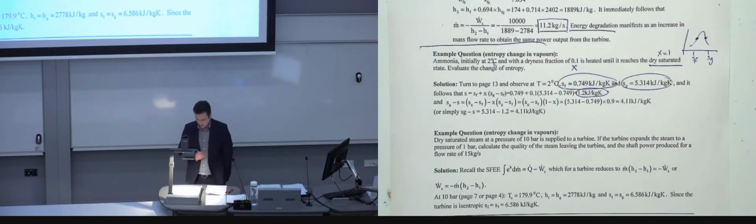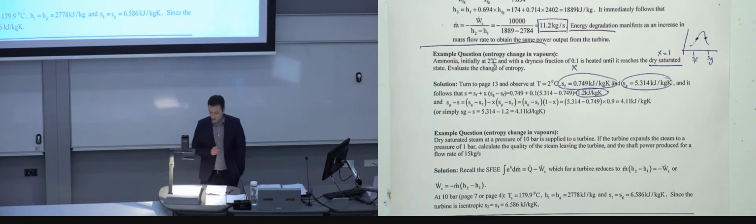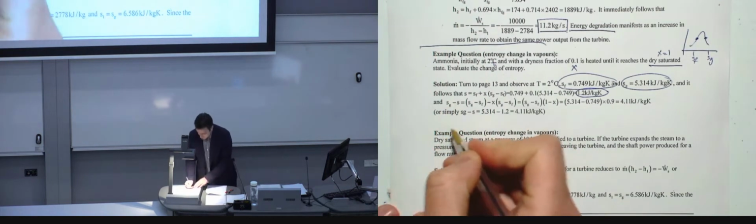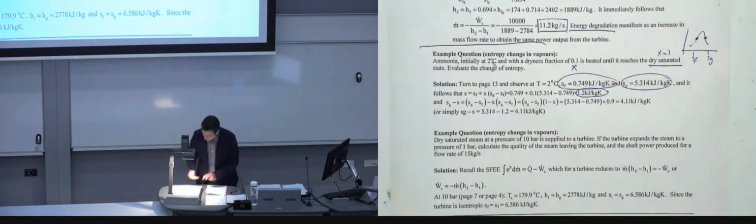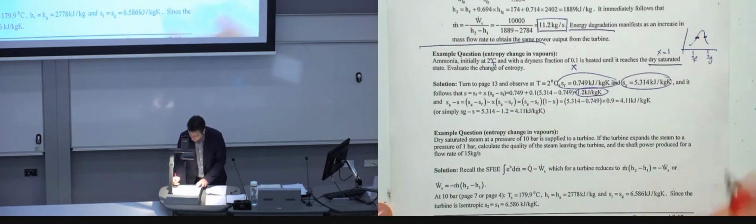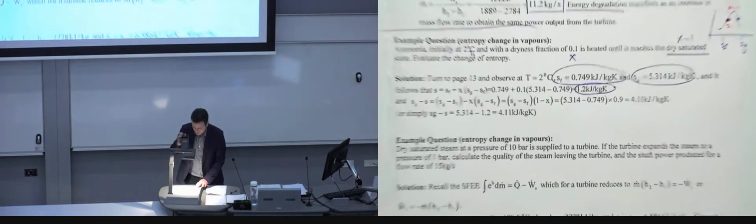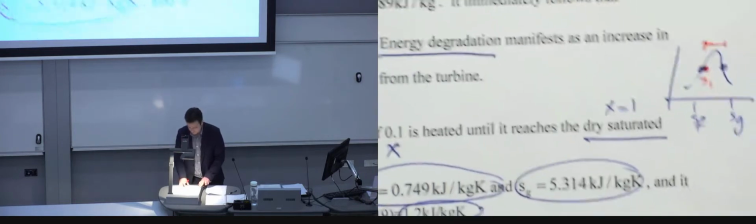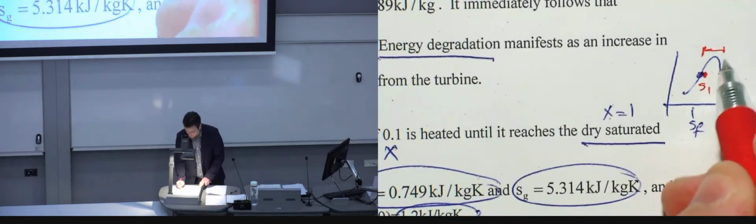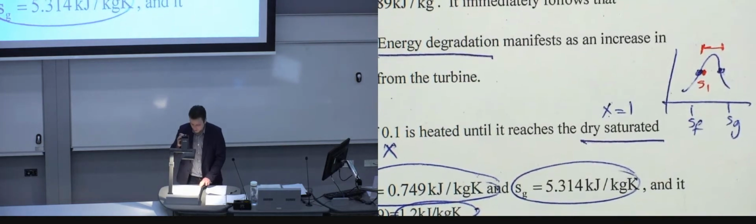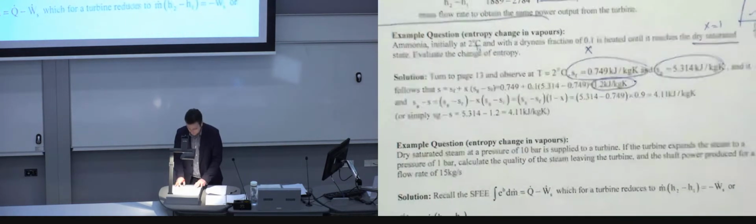In order to find the change in entropy, you just need a simple change in the equation. Let's assume your S1 is somewhere here, because it's 0.1, so it's 10%. You want to look at this difference here. I'm going to zoom in a bit. I'm interested in this difference between S1 and SG, and I'm going to use a simple way of doing it.